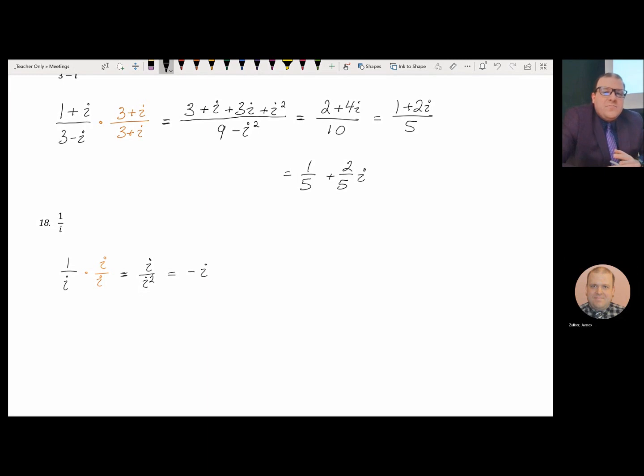And then i to the minus 3 gets you right back to i. Is it still every 4? But remember, it's going to look different now because you're going in decreasing order, right? So you're going from i to the 0, then to i to the minus 1, i to the minus 2.